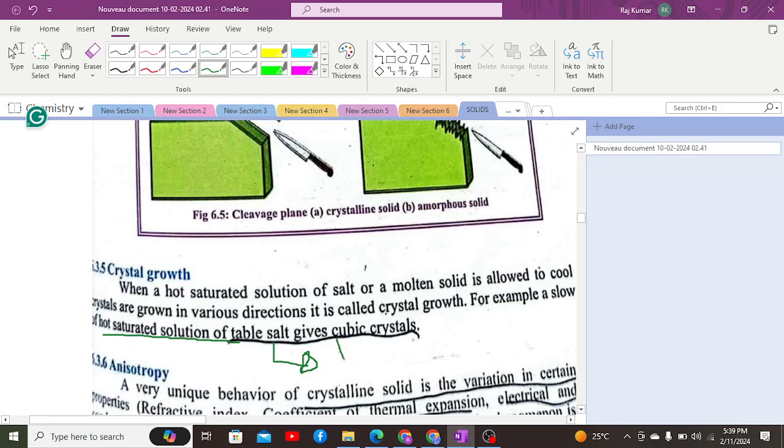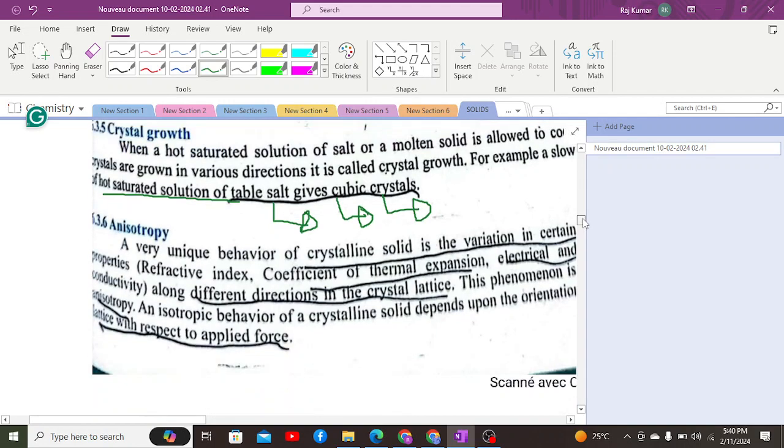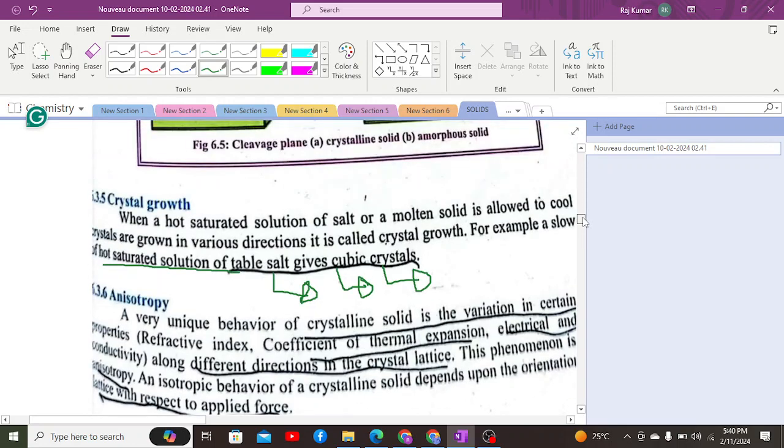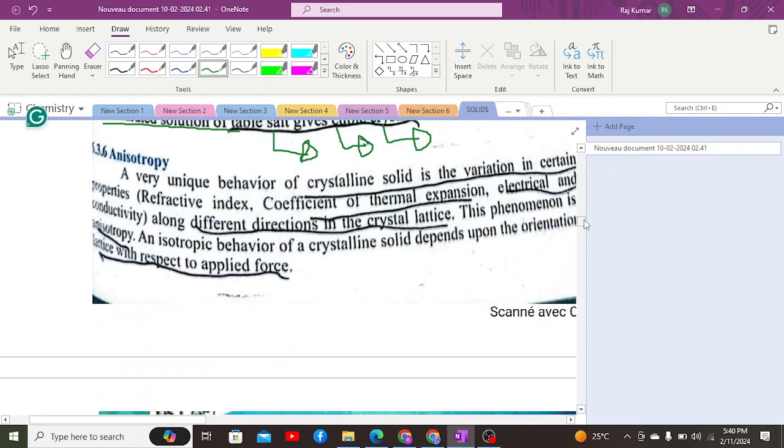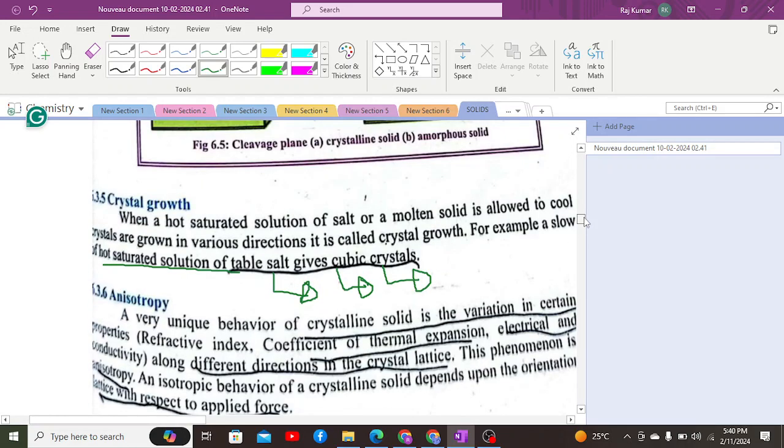But if it is given 10% impurity of, let's suppose, urea, at that moment its crystal growth will be different, such that instead of forming a cubic shape it will form another type of shape, a bit of hexagonal, right?